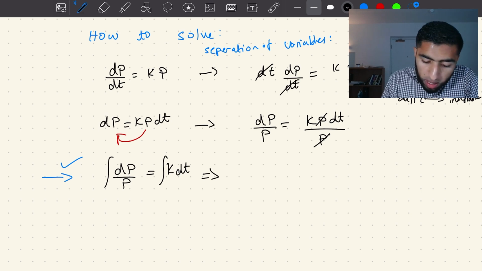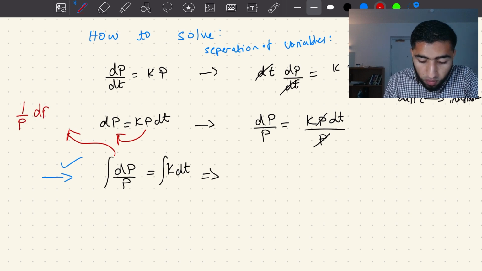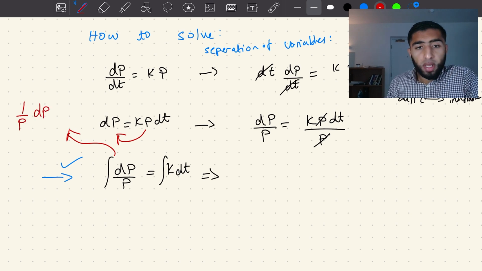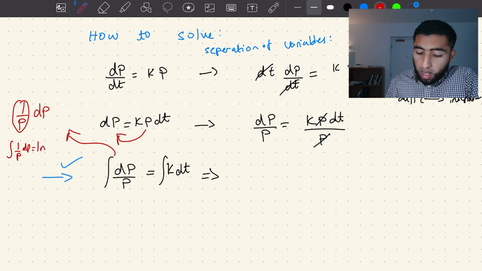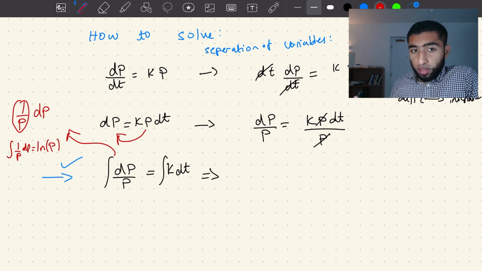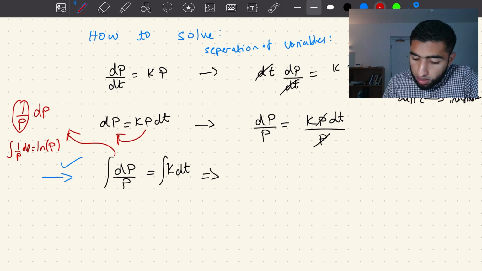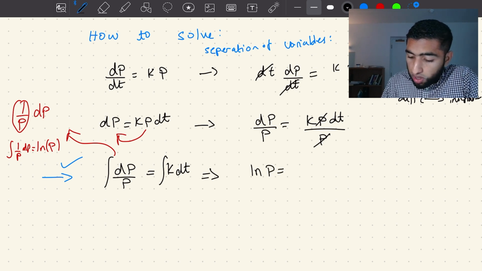And we know, what's the integral of 1 over p? It's equal to the ln of p, correct? The natural logarithm. So we have the ln of p is equal to, now what is the integral of a constant? It is simply that constant times the variable, kt, plus a constant of integration c. C is a constant of integration.